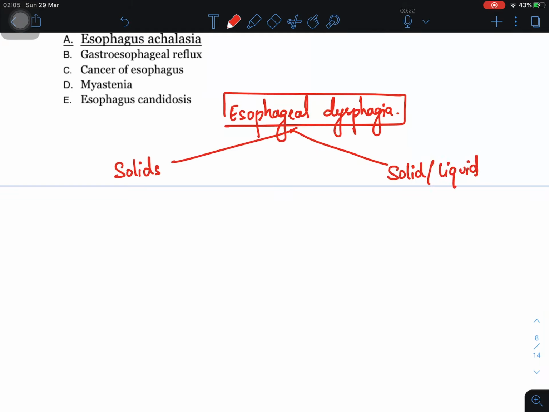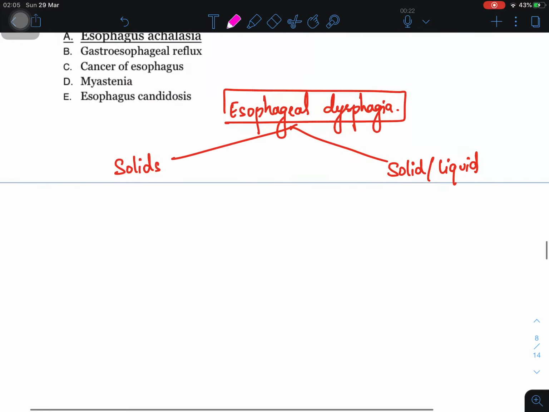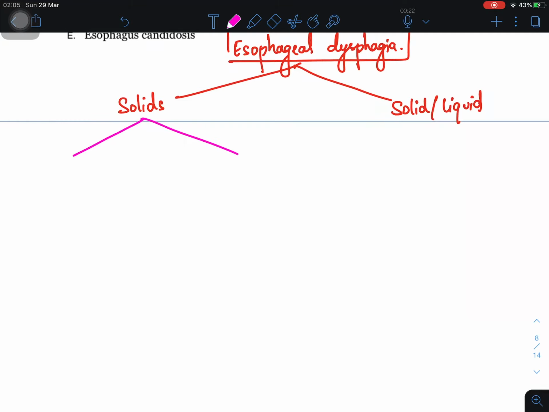So if a patient comes to your clinic complaining that, doctor, I cannot eat solid foods, then you need to ask, are these symptoms intermittent, or are these symptoms progressive?